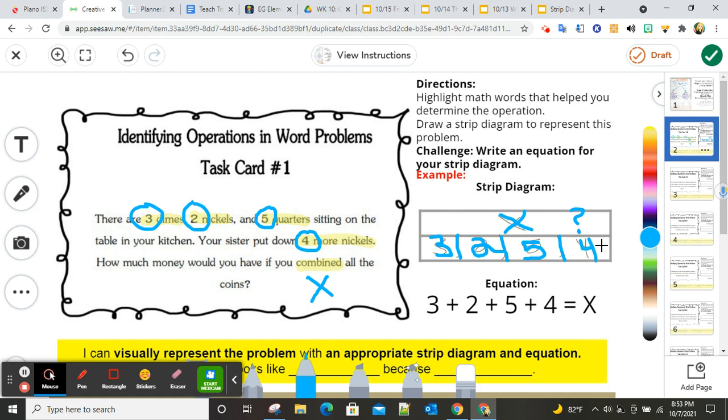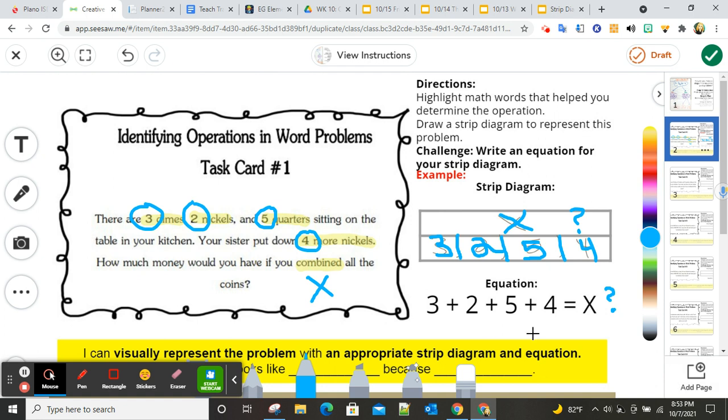I don't have equal parts and I don't know my total. When I take it a step further and I write my equation, all I'm doing is kind of taking away the boxes and putting the operation in place of it. So 3 plus 2 plus 5 plus 4 equals X. If you're not comfortable with X, put a question mark.